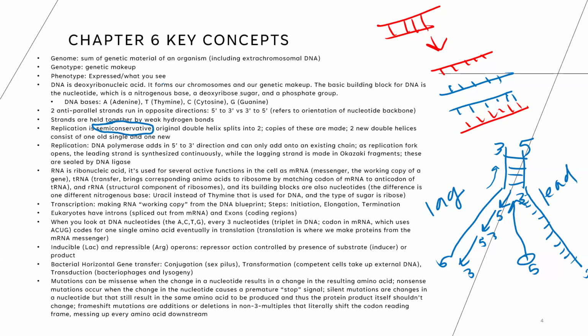Because we have these fragments, this is not useful for DNA. It has to be in a big old long straight line, because when we open it up to look at our genes, or to recopy it later on, we can't have just pieces. It has to be one whole big old piece. There's an enzyme that seals together those fragments, and those fragments are called Okazaki fragments.